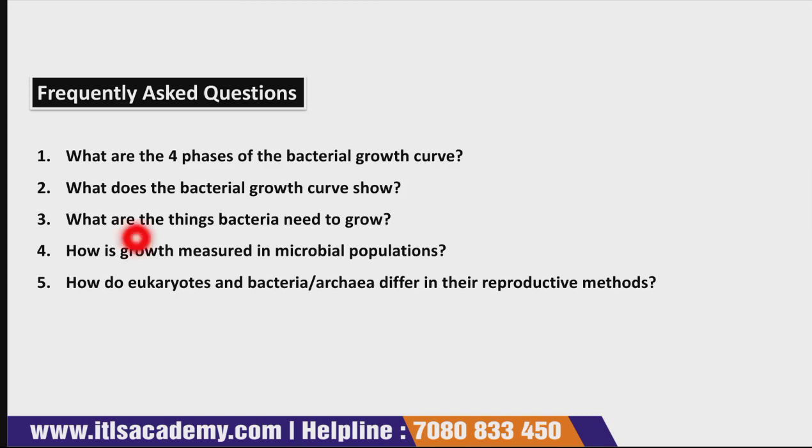And the last one says, how do eukaryotes and bacteria, that is archaea, differ in their reproductive method? For this question number 5, you can refer to part 1 of this topic to get the exact answer.